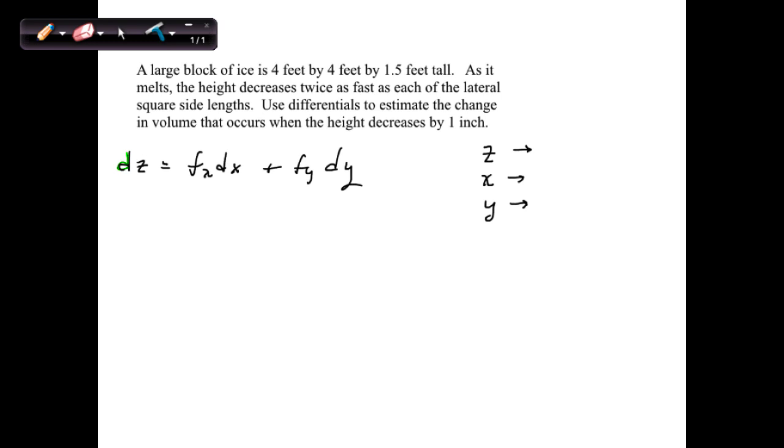So it says use differentials to estimate what? The change in volume that occurs when the height decreases by 1 inch. So how does volume fit into this? They want z in front. Should volume be z? So we're really saying dv, right? dv equals. And then what's our x and y here?